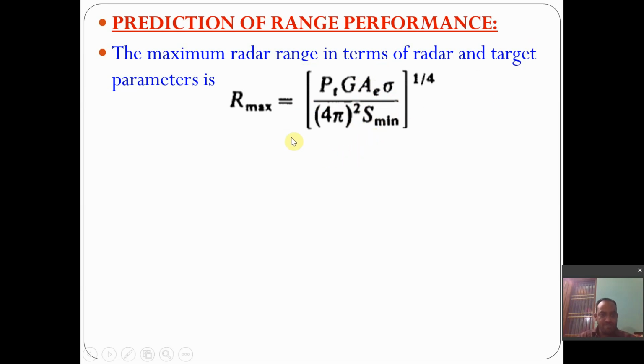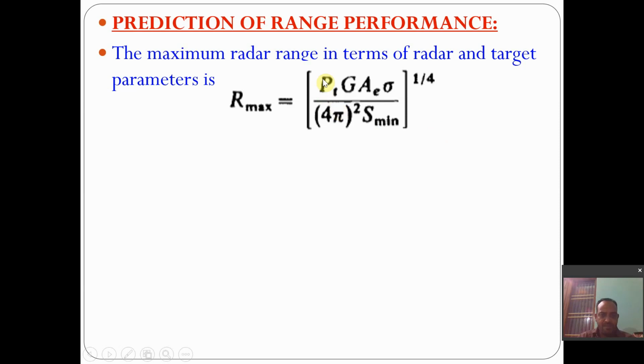Now, for a radar to detect objects at a maximum distance, all the parameters shown in this equation are under the control of the designer, except the cross section of the target. For example, if an aircraft is coming, the size of the aircraft is not under our control, but we can control all the other parameters.